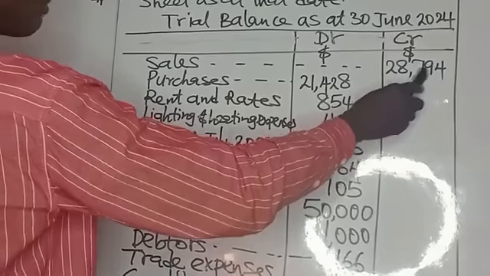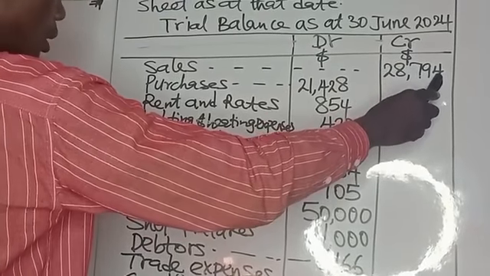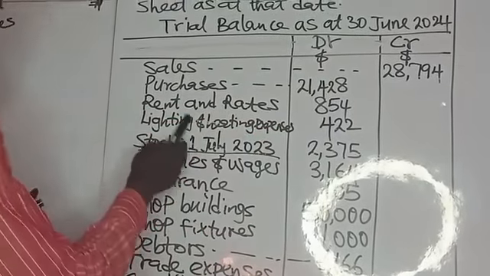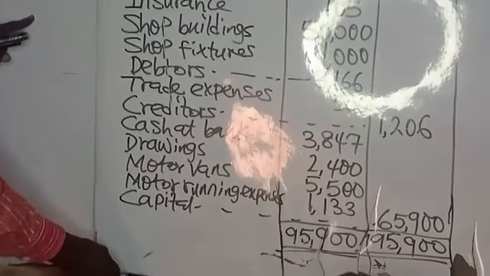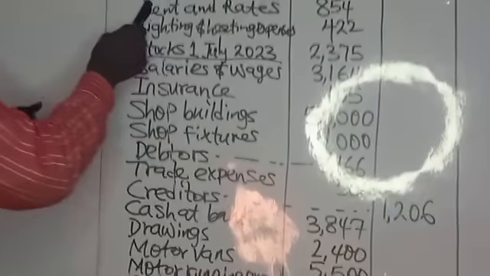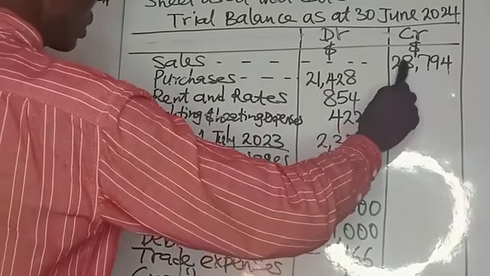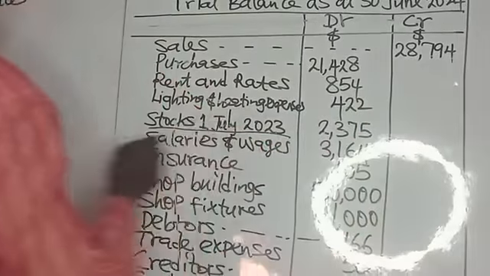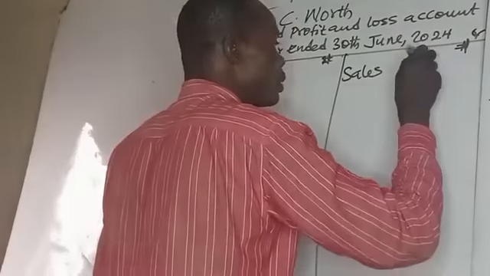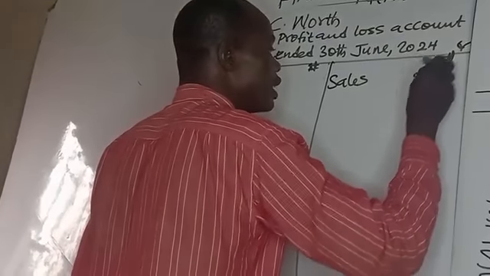Sales amounted to 28,794. If you go through the question, there are no returns inwards. I've told you that we subtract returns inwards from sales. Since there are no returns inwards, that means at the credit side, we only have sales 28,794.